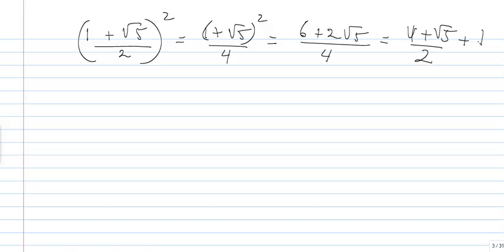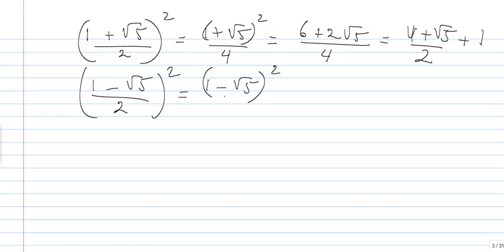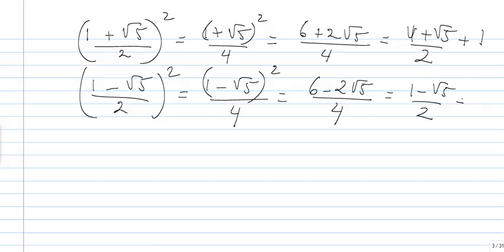This is a simple exercise that people can easily prove, as well as 1 minus square root of 5 over 2 squared is equal to 1 minus square root of 5 squared over 4, which is 6 minus 2 square root of 5 over 4, equals 1 minus square root of 5 over 2 plus 1.